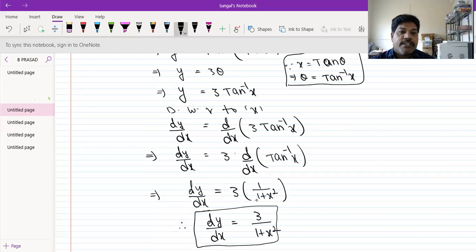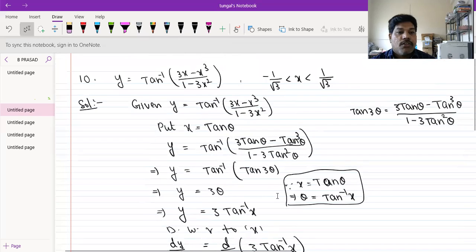So see that question, students. Question number 10: y is equal to tan inverse of (3x minus x cube) by (1 minus 3x square), with minus 1 by root 3 less than x less than 1 by root 3. What is the derivative of that function? First you have to take x is equal to tan theta and substitute. 3 tan theta minus tan cube theta by 1 minus 3 tan square theta is nothing but tan 3 theta.